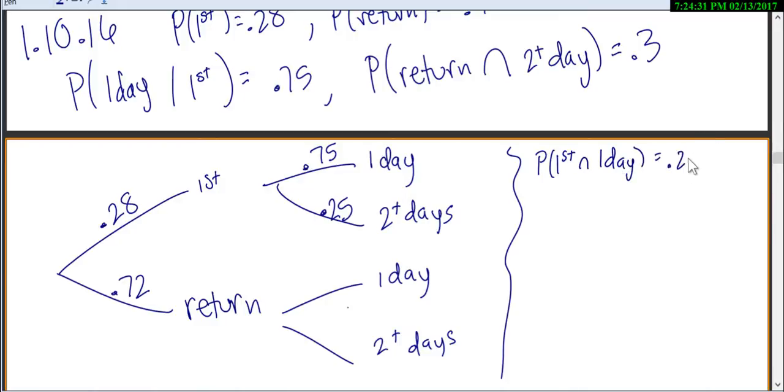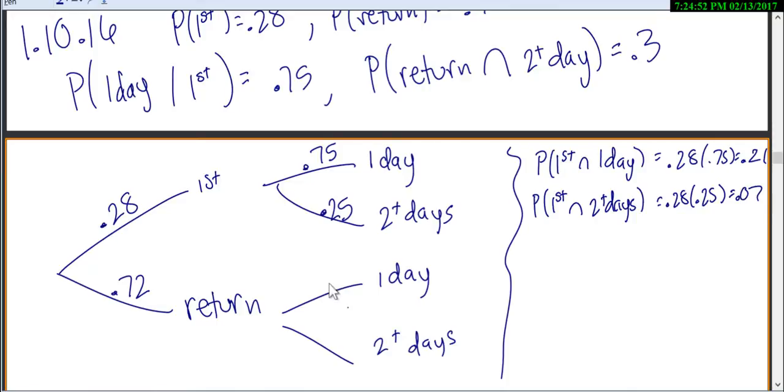So 0.28 times 0.75 gives me 0.21. And the probability of a first-time customer and 2+ days equals 0.28 times 0.25 or 0.07.